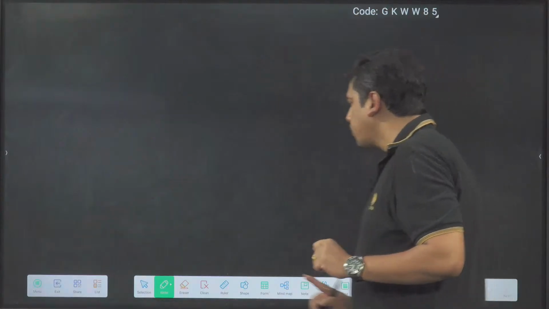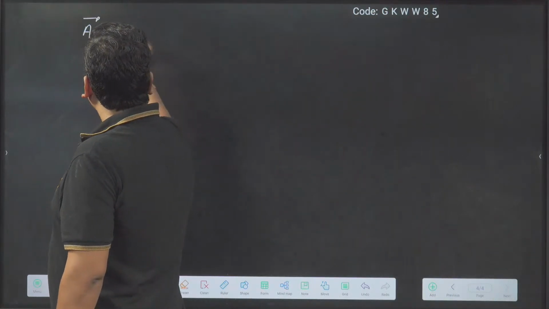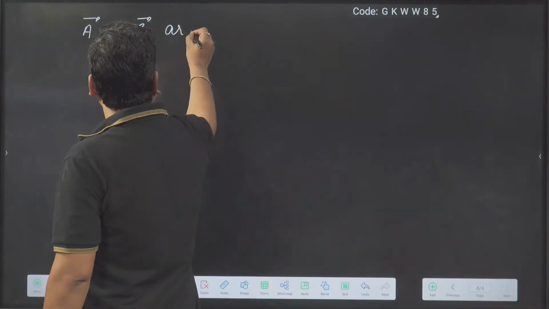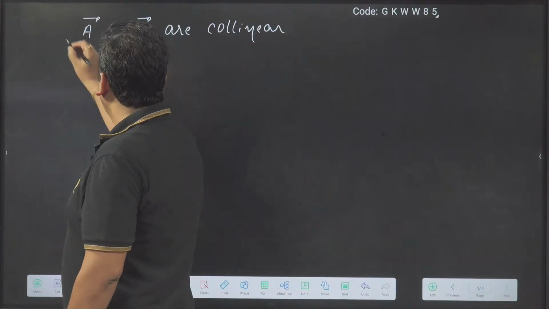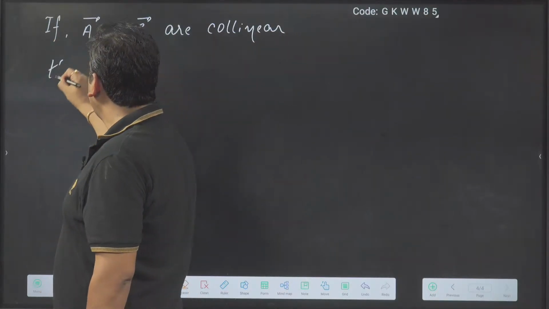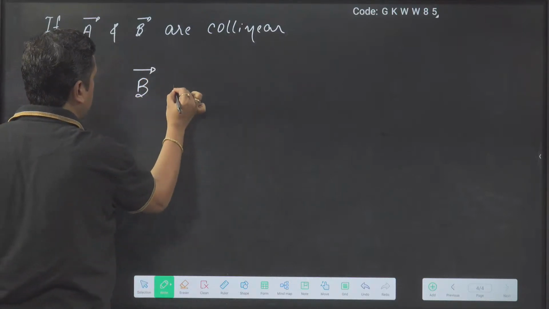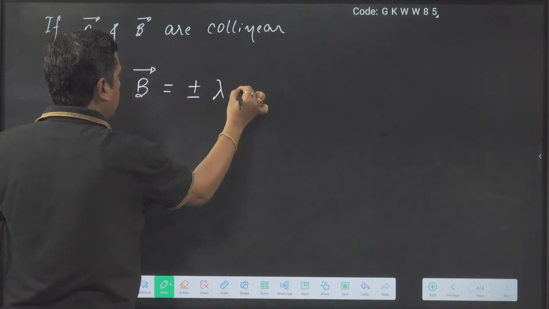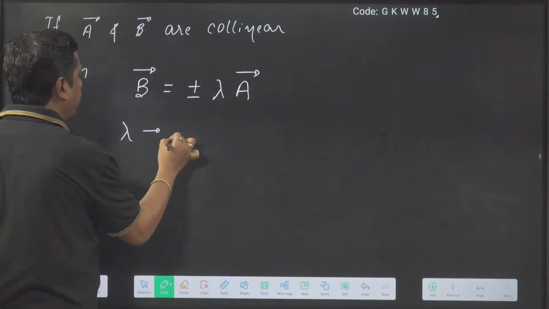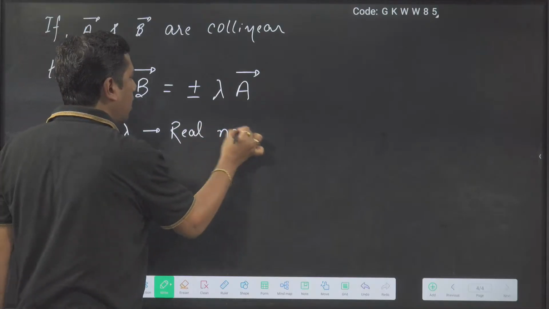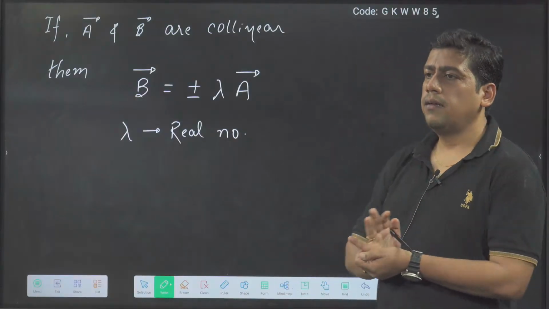For that, you have to understand: if A vector and B vector are collinear, then B vector should be plus minus lambda times A vector, where lambda is any real number.